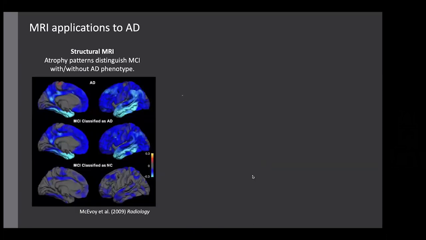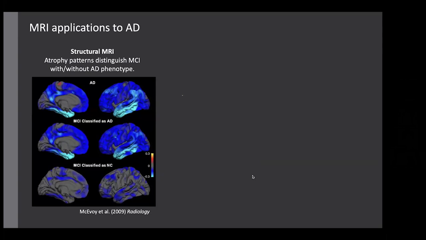But just for some examples of how we can use structural MRI, this paper came out 16 years ago by Dr. McAvoy. I said she was going to come up again, so here she is. And she and her colleagues identified this pattern of brain activity that is characteristic of Alzheimer's disease.